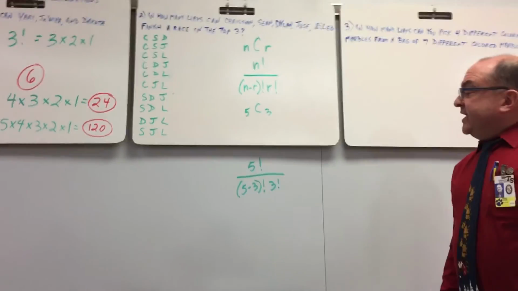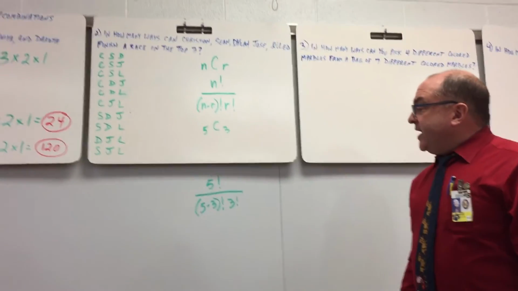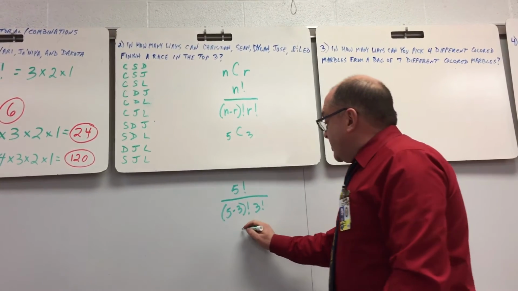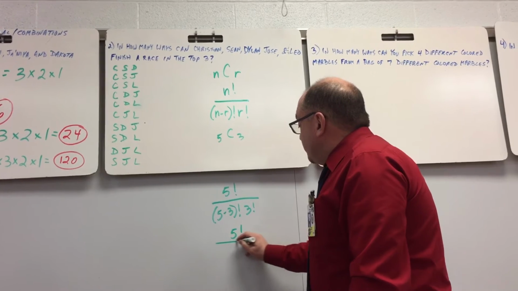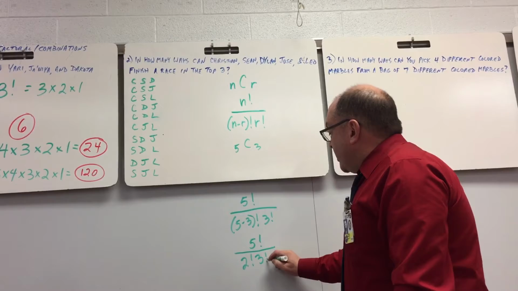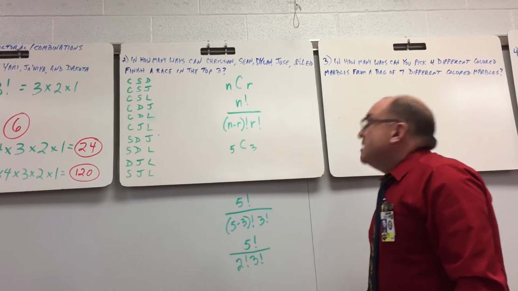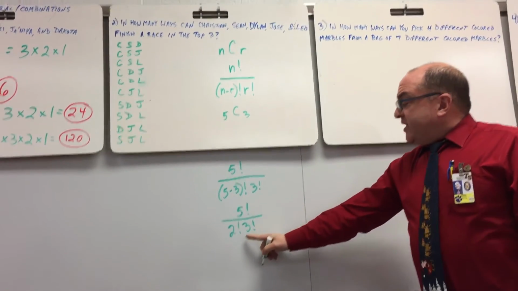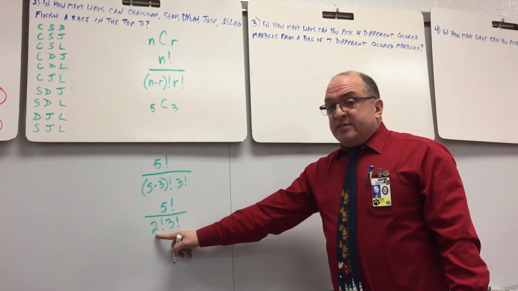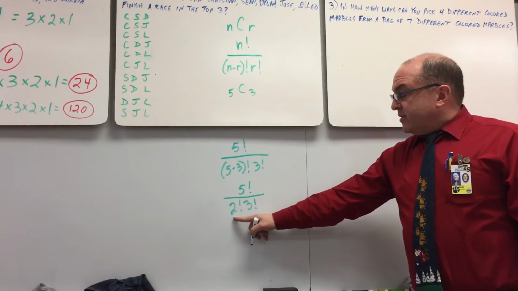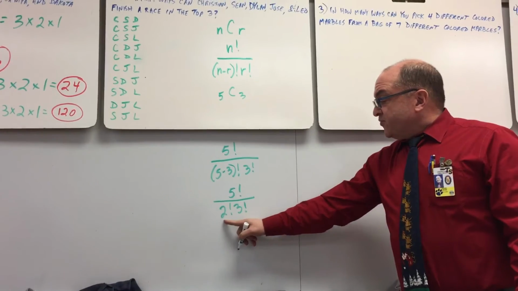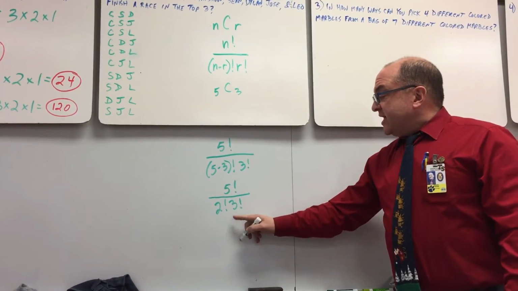Now, the easiest way to do this would be to do first 5 minus 3. 5 minus 3 is 2. So you have 2 factorial times 3 factorial. Okay? The best thing to do would be to do this bottom part first. 2 factorial, and you can do this on your calculator when you have bigger numbers. It'll be easier to do that. 2 factorial, though, is 2. 3 factorial is 6.